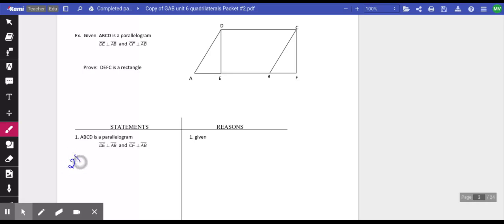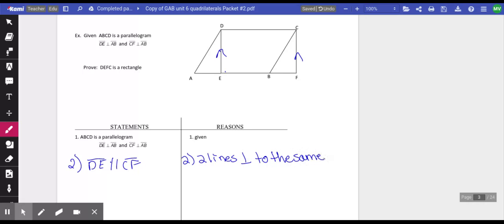So to show that that's a rectangle, first thing that I realize is that since I have DE is perpendicular to AB and CF is perpendicular to AB, that means DE is parallel to CF, because two lines perpendicular to the same line are parallel.